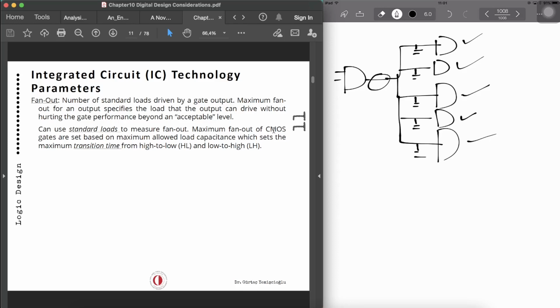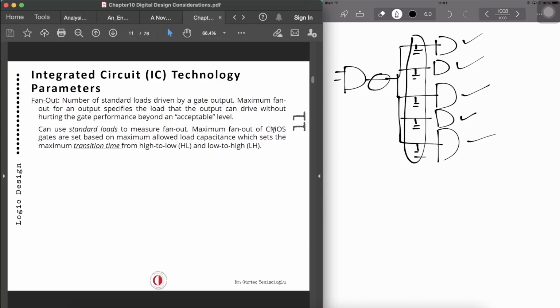So what is happening is, when you have large fan outs like these, where you need to serve a number of gates, your signal is going to degrade. Okay, you are going to get maybe 3 volts, but it's going to be a degraded 3 volts. It's not exactly 3 volts.